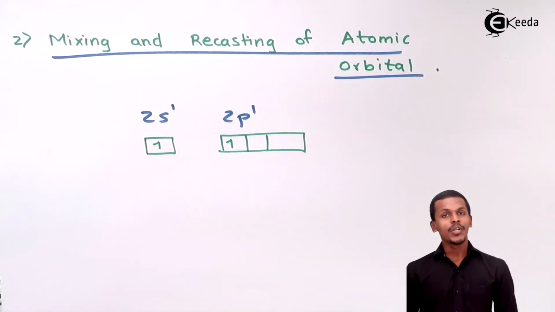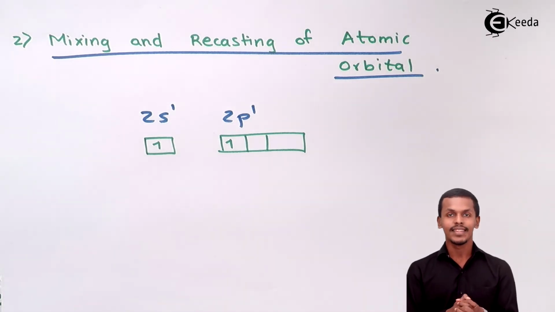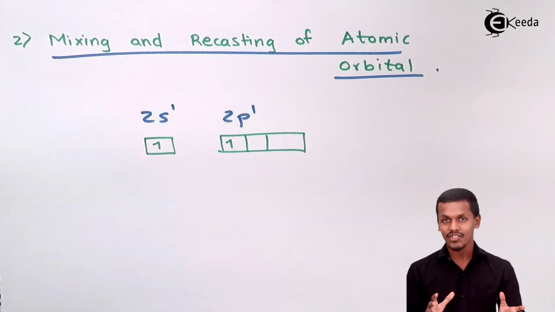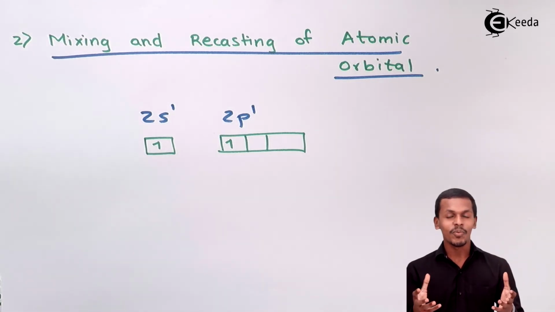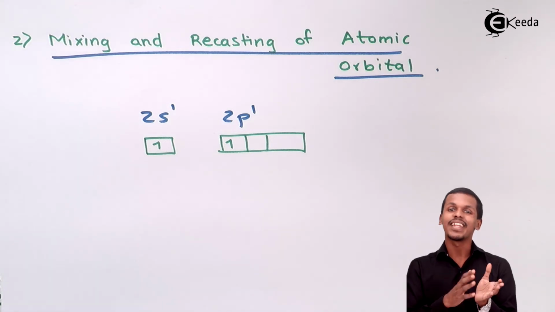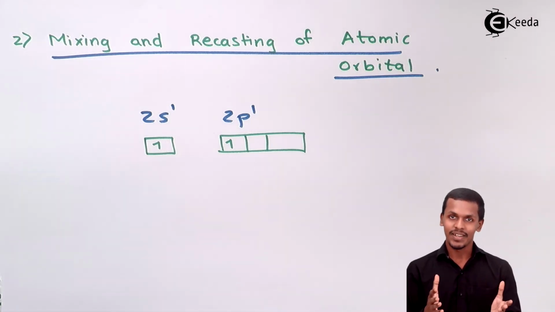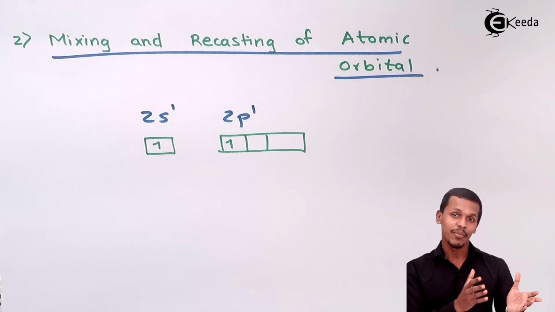But during mixing, when 2s combines with 2p, they will form orbitals that have the same energy. That is how the two atomic orbitals mix with each other to form new atomic orbitals, which are known as hybrid orbitals.